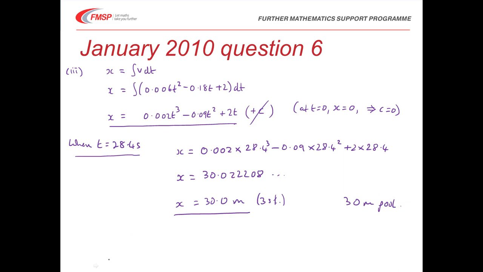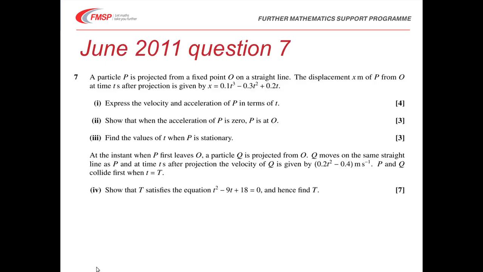Okay then, on to another question. A particle is projected from a fixed point along a straight line. The displacement is given by this expression. Find the velocity and acceleration. So for part 1 we're going to differentiate twice.